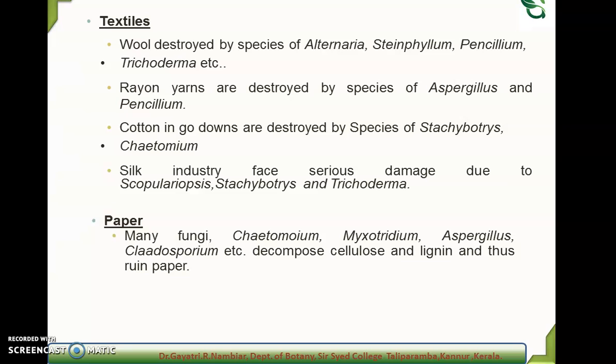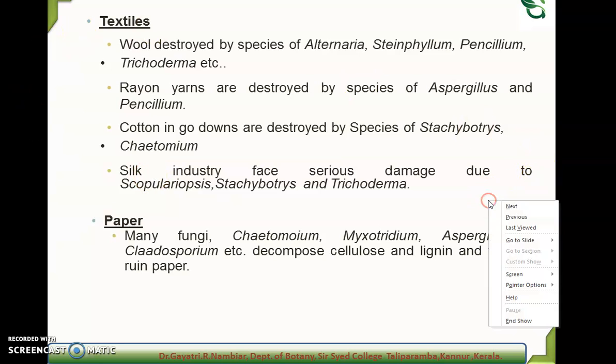Cotton is destroyed by species of Stachybotrys, Chaetomium, etc. Paper also shows deterioration by fungi, especially Chaetomium, Myxotrichum, Aspergillus, Cladosporium, etc. So textiles, paper, and leather materials are destroyed by fungi a lot. You are quite familiar with all these examples.